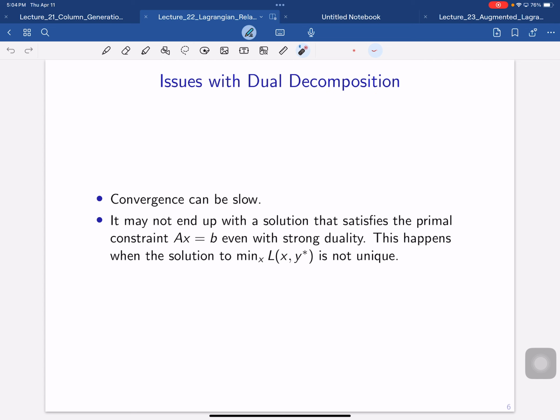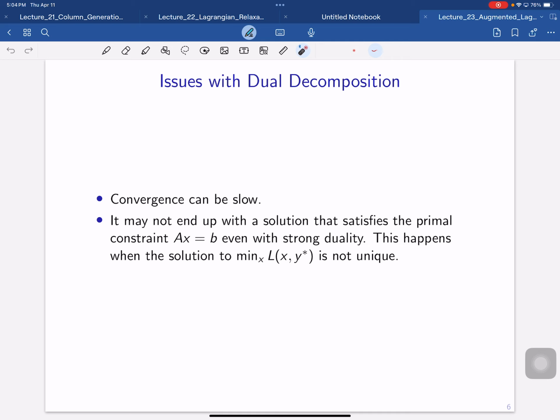And the same thing here, even if you have a convex problem, since you dualize this constraint Ax equals b, you may not end up with an x that satisfies Ax equals b. The reason is that even if you have strong duality, the solution to this Lagrangian may not be unique. So you may have an optimal solution that satisfies Ax equals b.